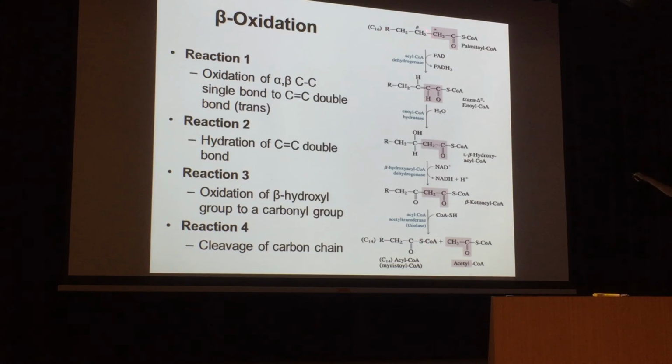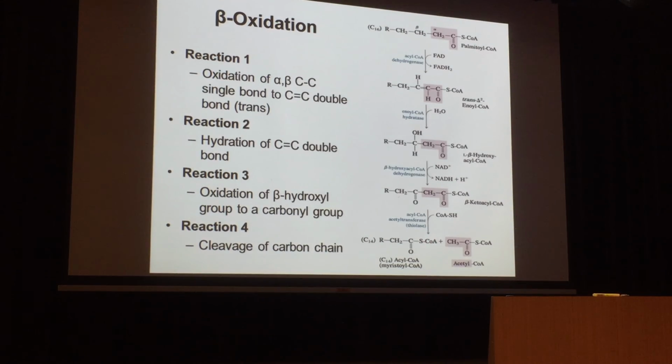So do you see that every pass of this reaction, you remove this portion as acetyl-CoA and you reduce the chain by 2 carbons every round. So from C16, it becomes C14 and 1 molecule of acetyl-CoA is produced. Not so difficult, right? It's just moving around the bonds to add another CoA molecule over here.